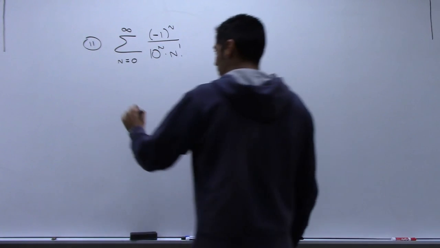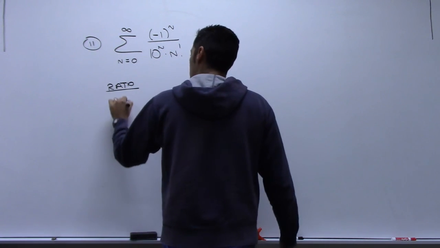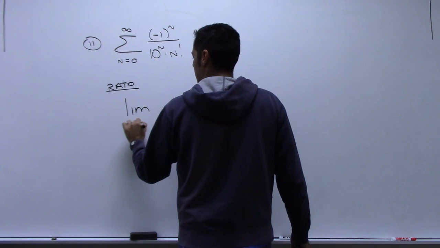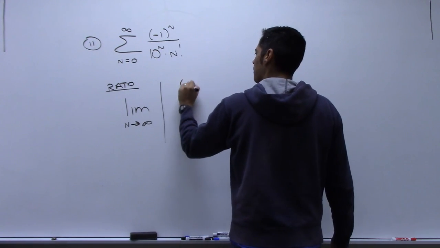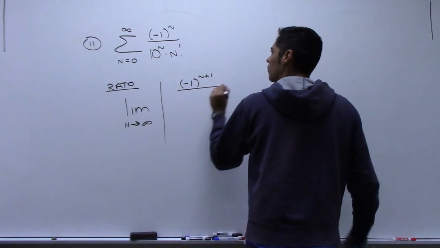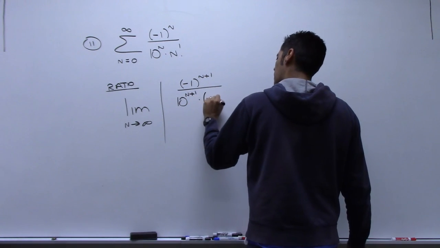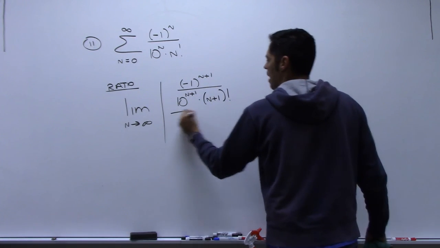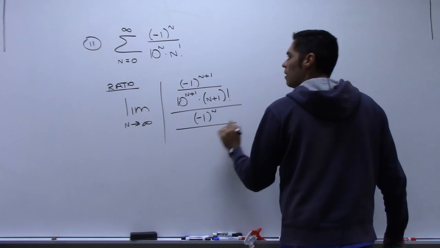So let's go with ratio. So limit n goes to infinity. And then what I'm going to do is plug n plus 1 into this first, and then divide that by just that series itself without replacing the n.